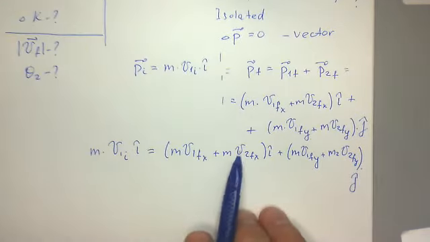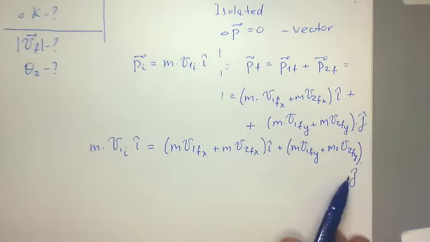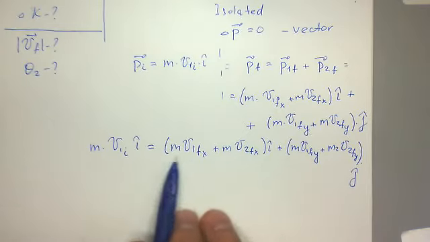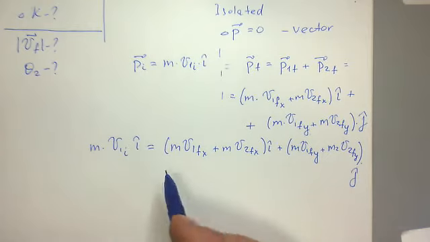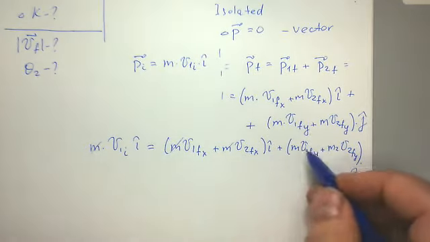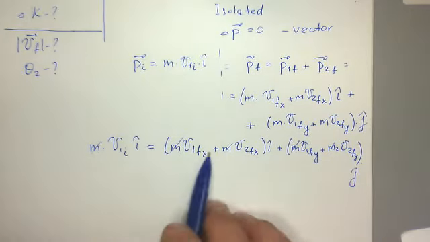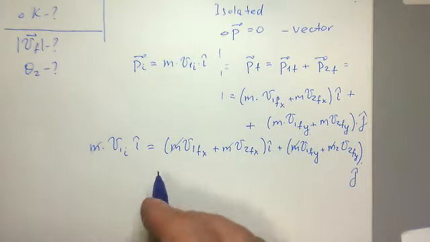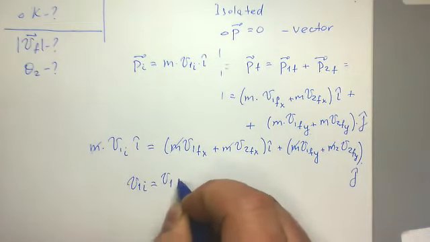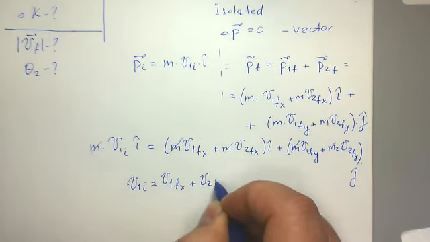This is the initial momentum, and this is the final momentum in vector form. From here, the i component of the final momentum equals the i component of the initial momentum. We can cancel masses because they have the same masses. Okay, so v1 initial equals v1 final x plus v2 final x.